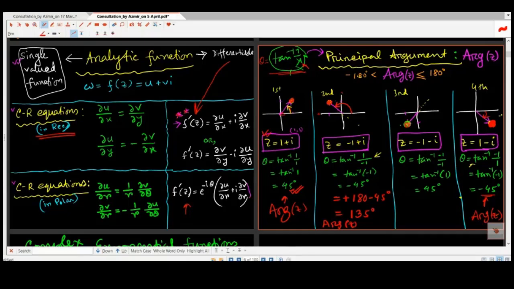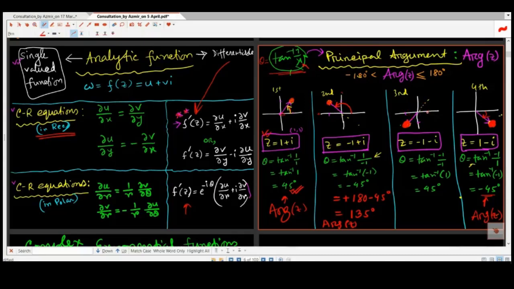Similarly, if we have a point in the third quadrant, we can think about coming counterclockwise to that line. But if we come counterclockwise, then it is greater than 180 degrees. So that will not be our principal argument. That will be just an argument, but not the principal argument.